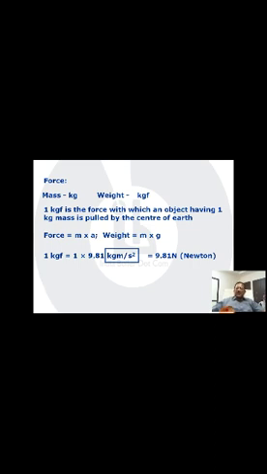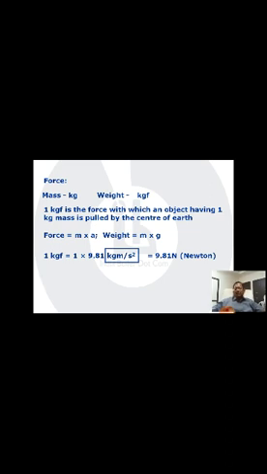In MKS, it is kg force. Now, what is very typical and noticeable in the MKS system: you see 1 kg force and 1 kg mass. So mass and force both have the same value, that is 1 kg. The value doesn't change, just the unit changes. It's kg for mass, kgf for force.